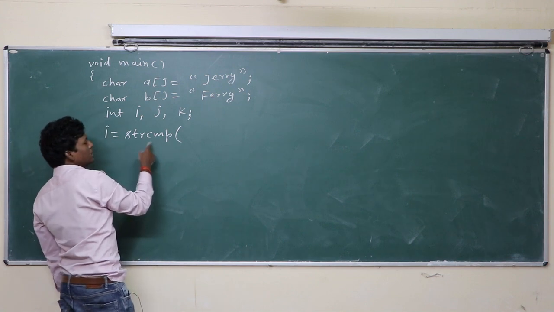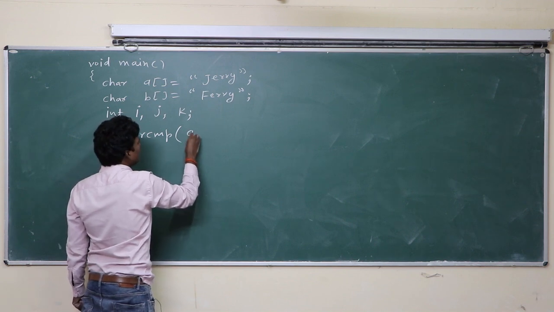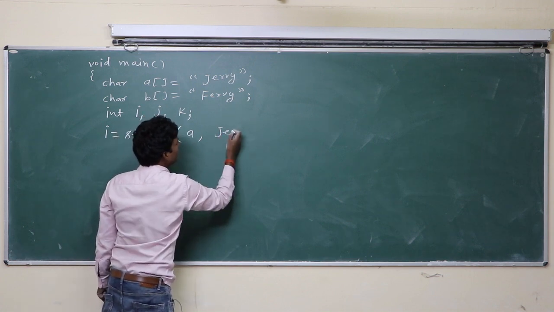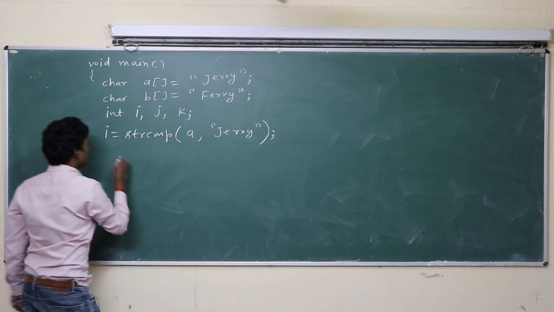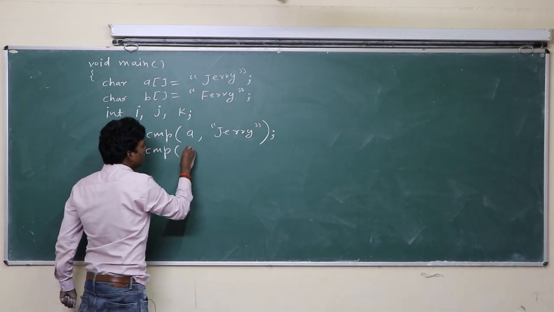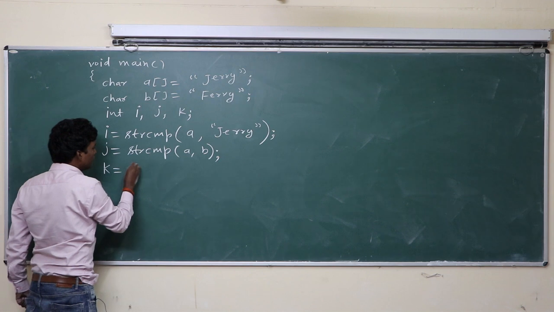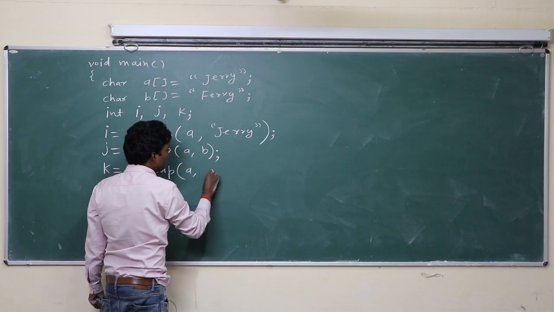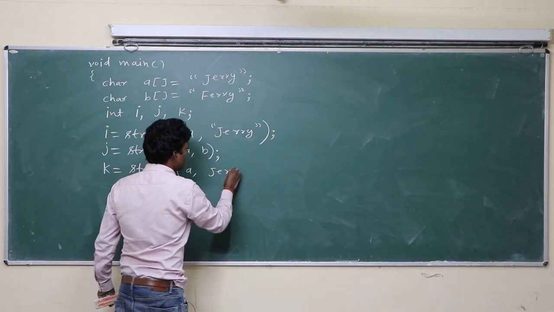Here i equal to strcmp of A, B; and j equal to strcmp A comma B; and k has strcmp A comma Jerry.